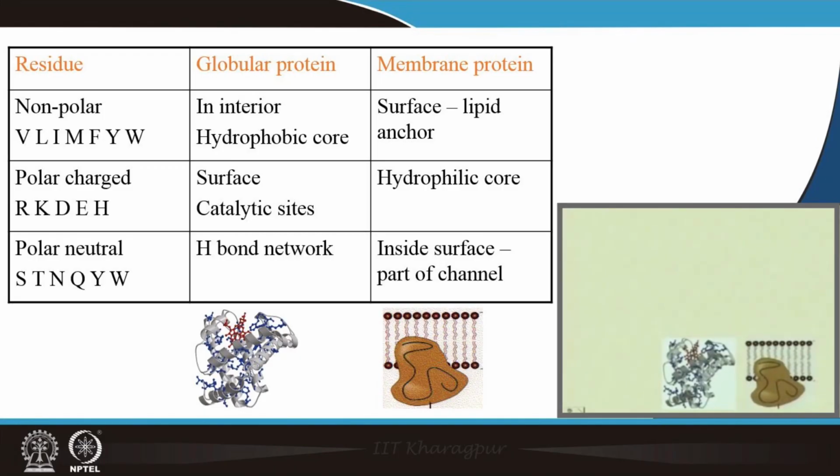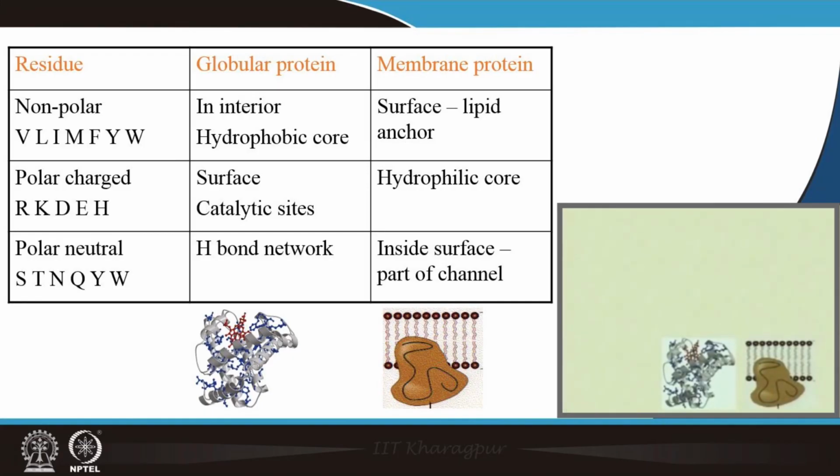Okay, so any protein that's embedded in the membrane would rather have a hydrophobic surface because it can interact with the hydrophobic tails of the lipid bilayer, and a globular protein, as this is called, that would be in a solvent would rather have its hydrophobic amino acid residues buried in the center of the protein.